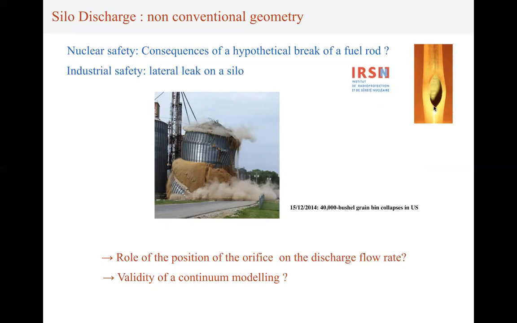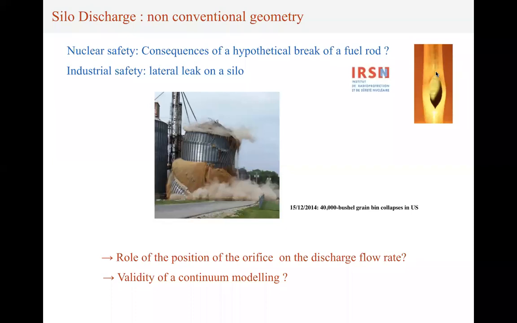In fact, if you look inside the power plants, they use fuel rods. And these fuel rods are 4 meters long and 1 centimeter in diameter. In this fuel rod you have the uranium, the fuel, and this fuel is fragmented due to the fission reaction.